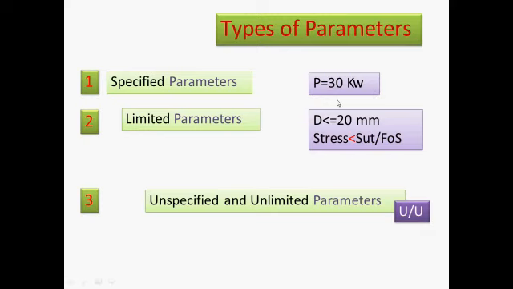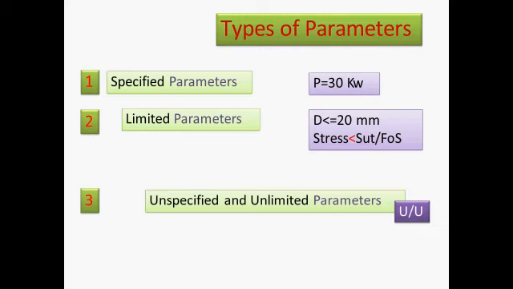Suppose it is given P equal to 30 kilowatt. If I want to design a shaft which will transfer a power of 30 kilowatt, here I am defining the power transmitting capacity specifically, an exact value. Such parameters are called specific parameters.